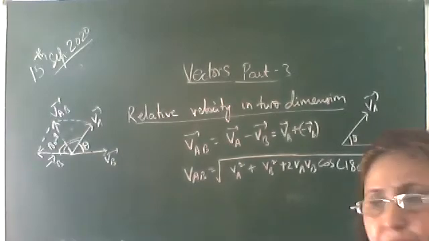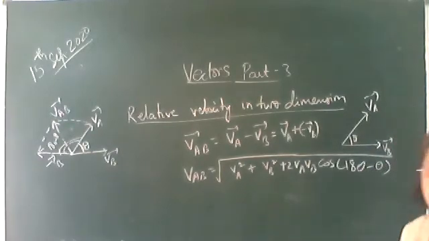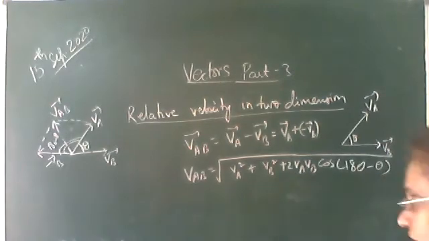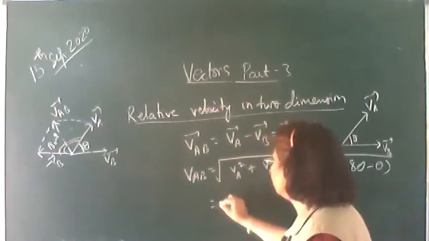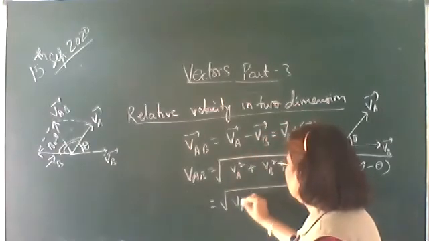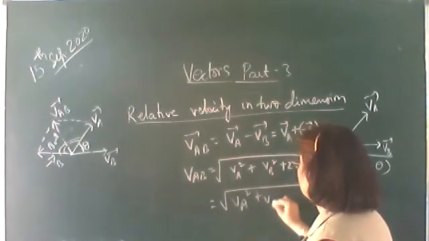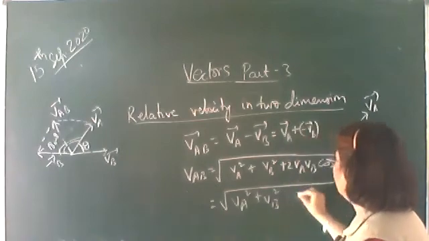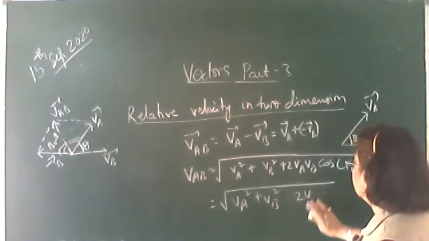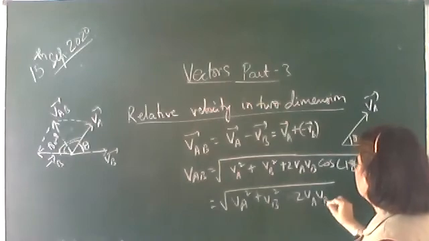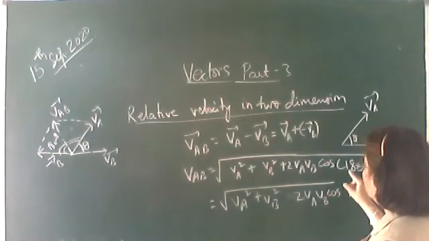We got the magnitude, only cos 180 minus theta. Here we have to write down what is cos 180 minus theta. Not studied in maths. Any maths student? Minus cos theta. Yes, minus cos theta. So it is equal to under root VA square plus VB square minus 2 VA VB cos theta.